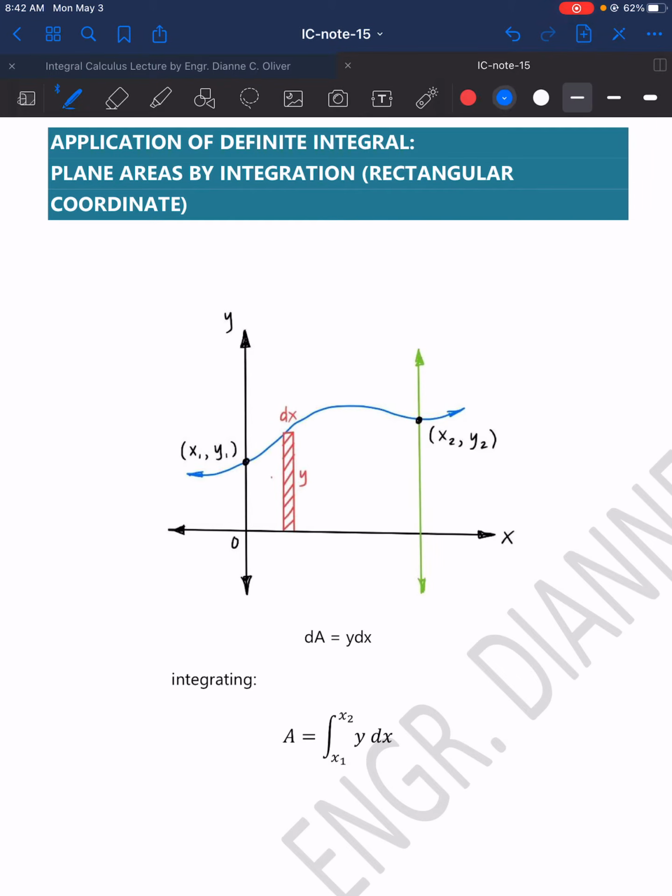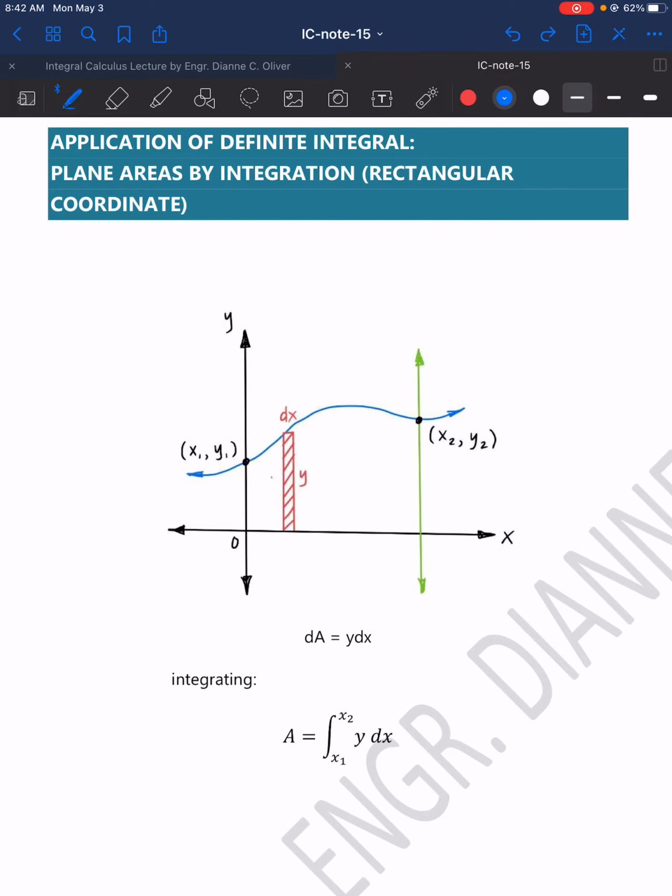Now going back to the formula, how do we know if the limit is x or y? Remember that the vertical area strip here has the width dx. If we have the width dx, therefore we have the limits as x.